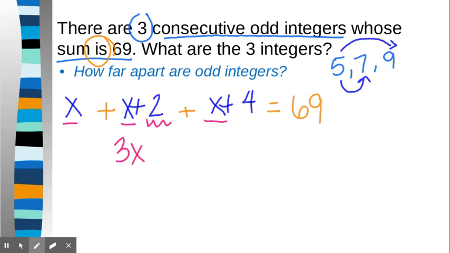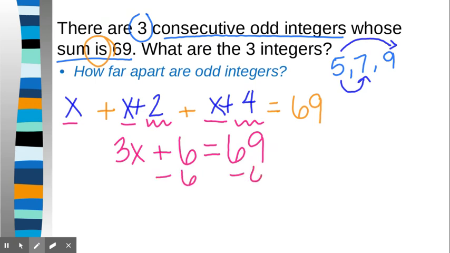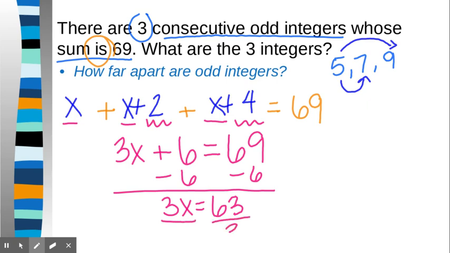Then I have a 2 and a 4, so that gives me 6. And now we're just simplifying this using our solving techniques. So we will subtract 6 from both sides. Get 3x equals 63. And then we will divide by 3, leaving us with x equals 21.